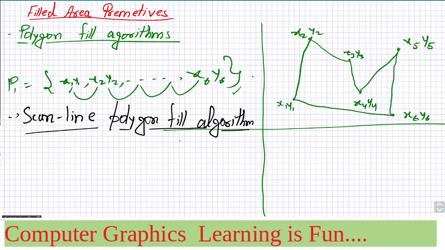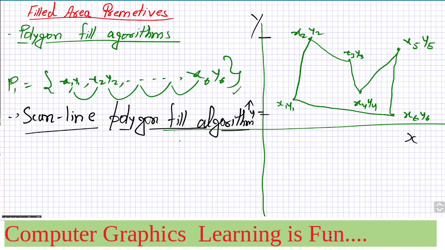Suppose this is our y axis and this is the x axis. Let us consider the value y. We will keep on increasing y iteratively from the minimum point to the maximum point.